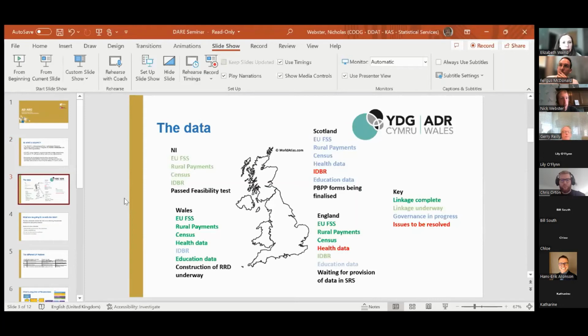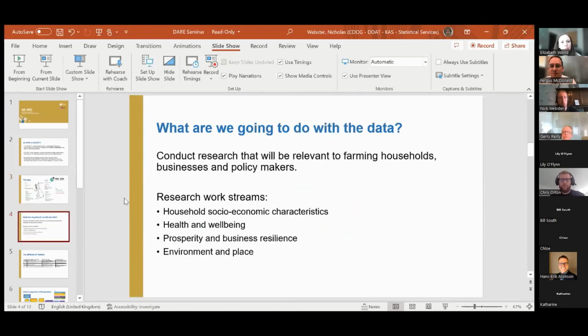And what we're going to do with this data, so we've got 4 research work streams. So household socio-economic characteristics. So what do modern farm households look like? A lot of it's very anecdotal, based on traditional imagery of what we think farming is, but the actual evidence of this is actually quite sparse. Health and well-being. So what are the common accidents that face farmers?